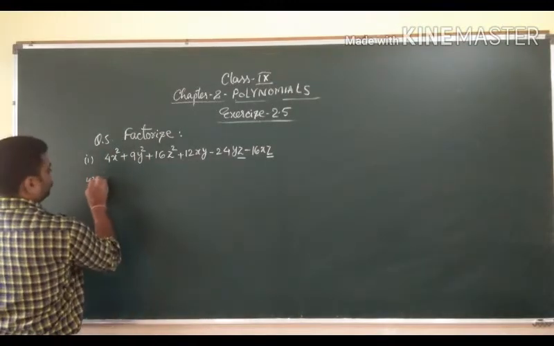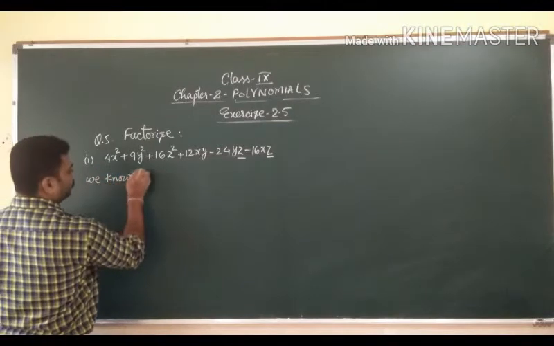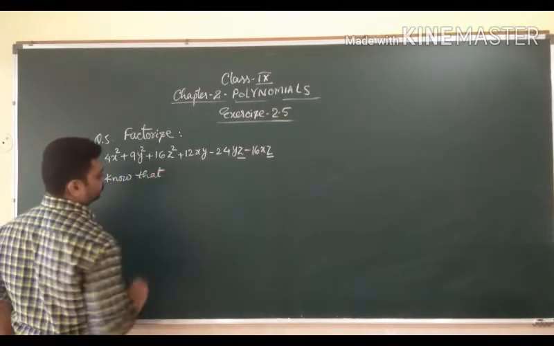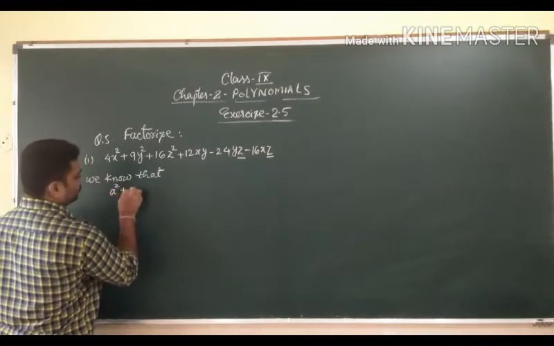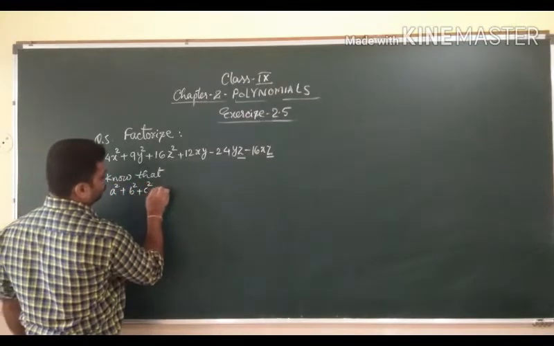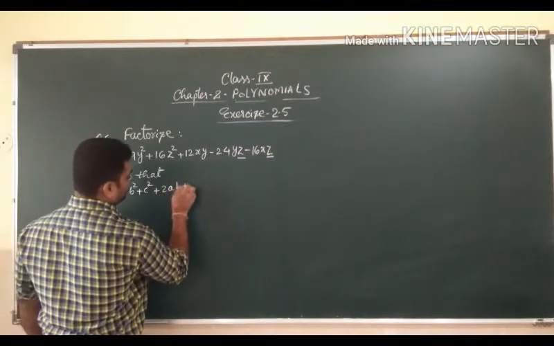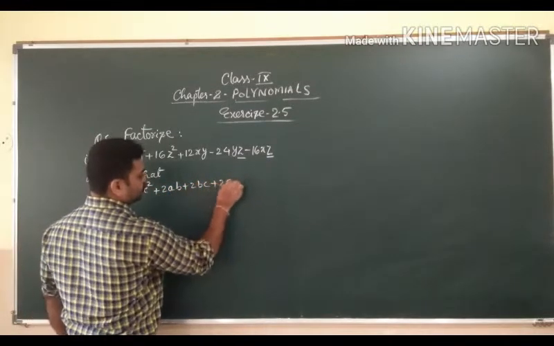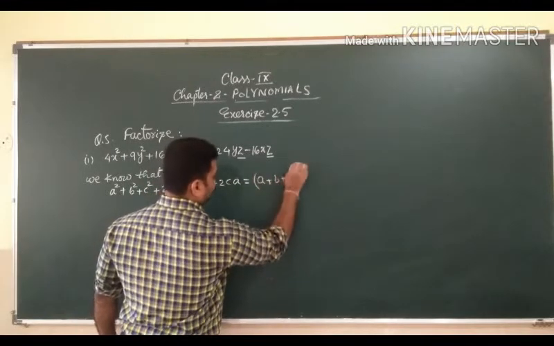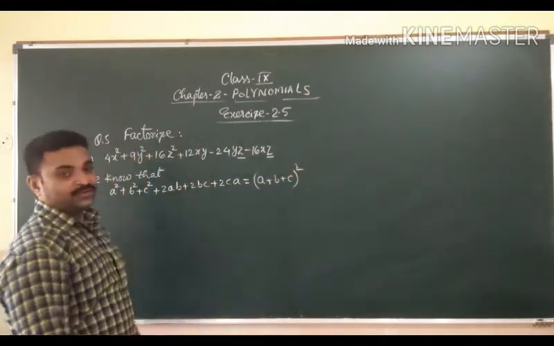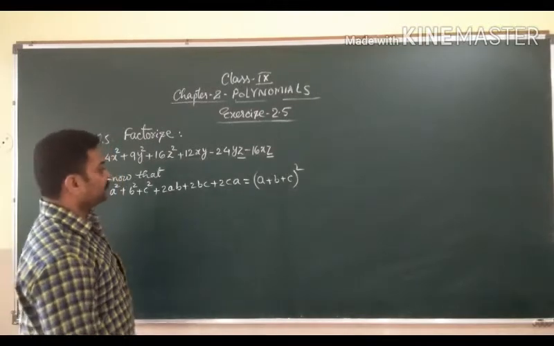We know that a square plus b square plus c square plus 2ab plus 2bc plus 2ca is equal to (a plus b plus c) whole square. Students, you can note one thing.